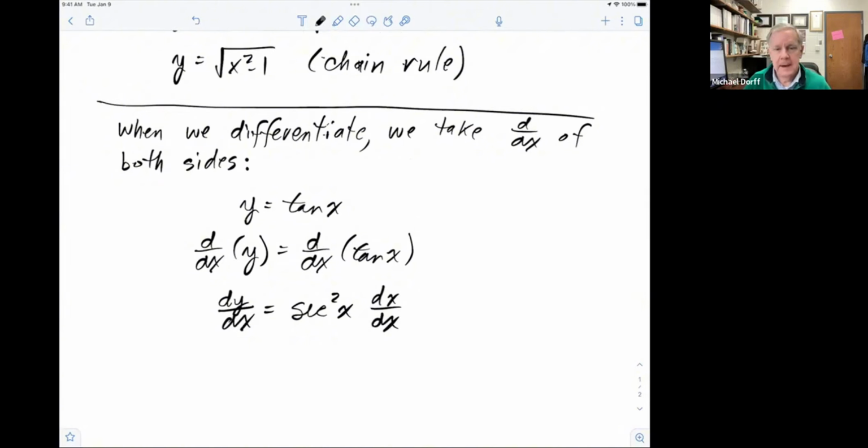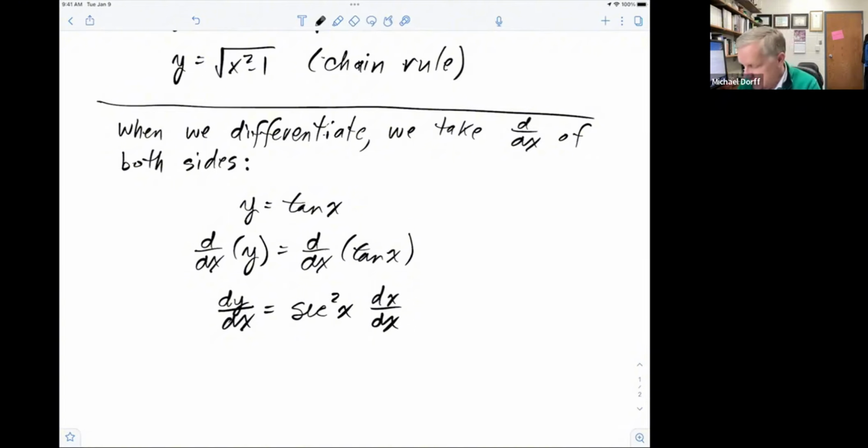On my left side, I have my y, so when I take the d dx of it, I've got dy dx. On the right side, I have my variables in terms of x, and so when I take d dx of it, I'm going to have a dx there.